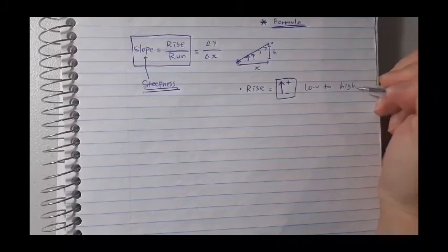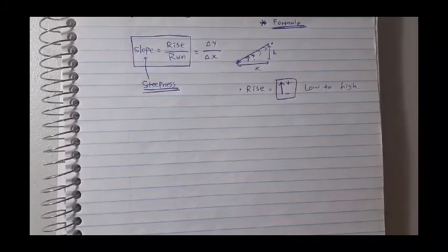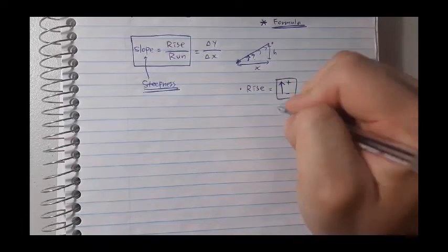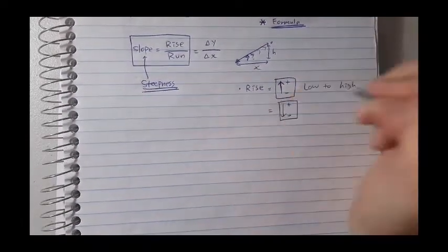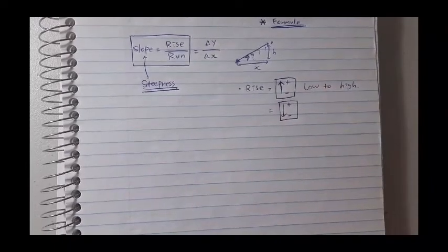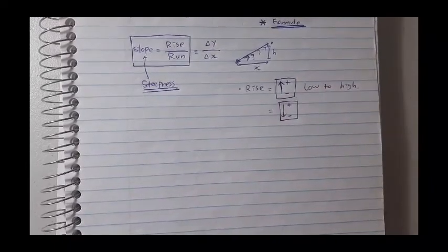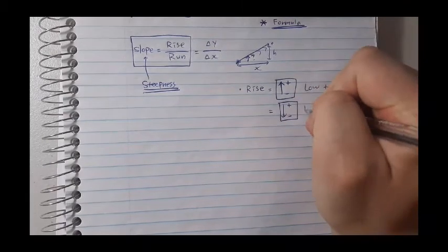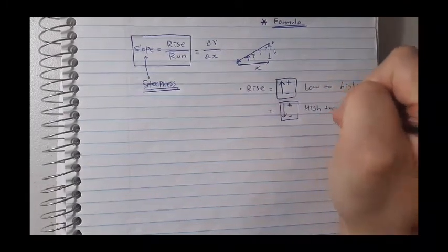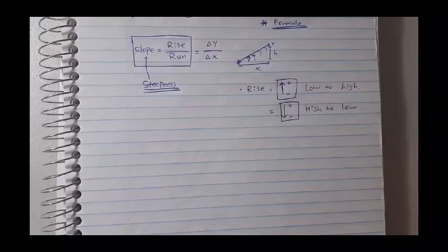In fact, that is only one case, when elevation goes down to up. We also need to think about any angle of depression situation, up to down. Although rise, from a language arts perspective, doesn't include that, this up to down situation is also another valid situation. It is high to low.